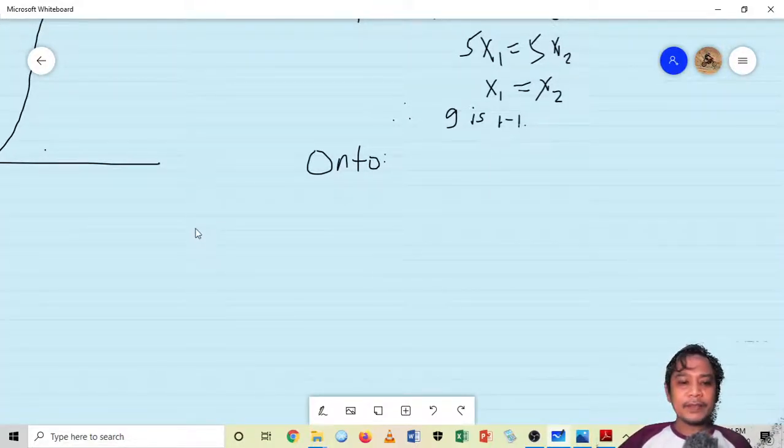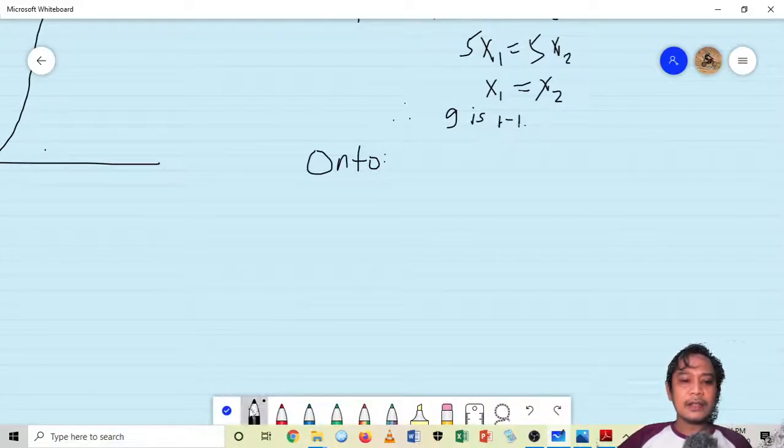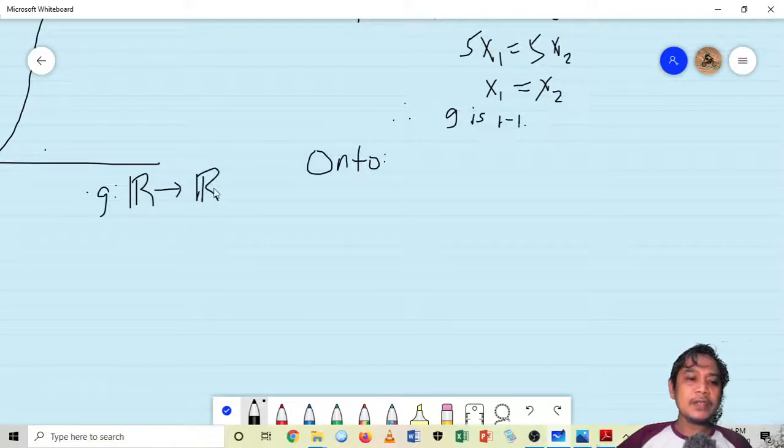So again, remember that G maps R to R. So if we are to prove that G is onto, we should prove that all elements here are images of elements here.